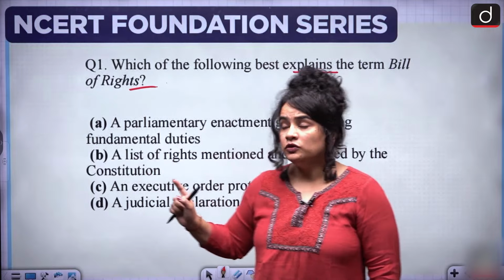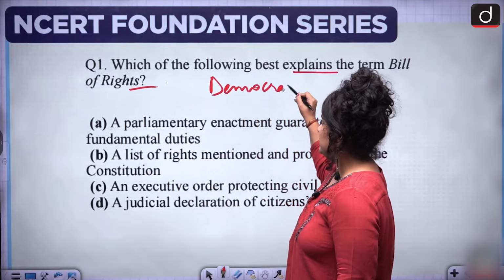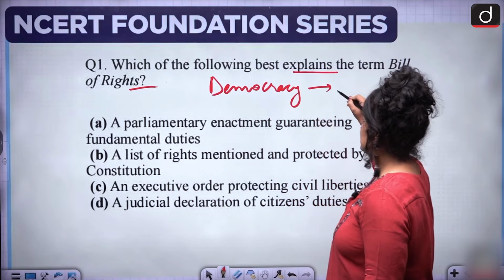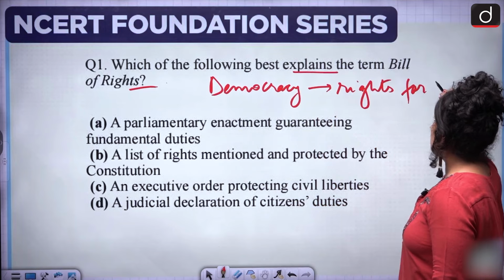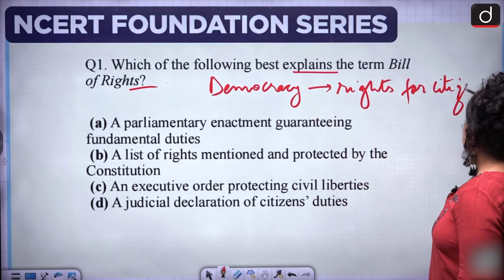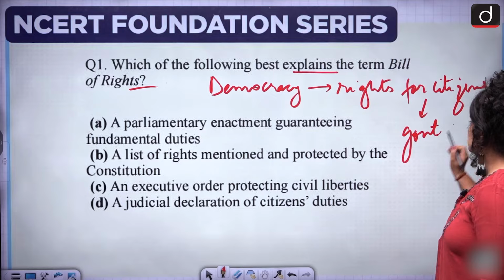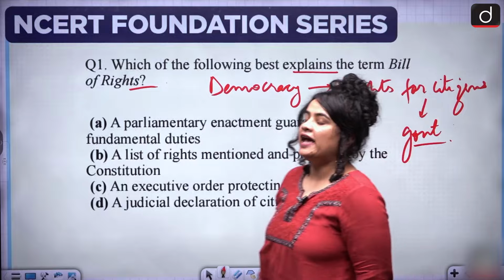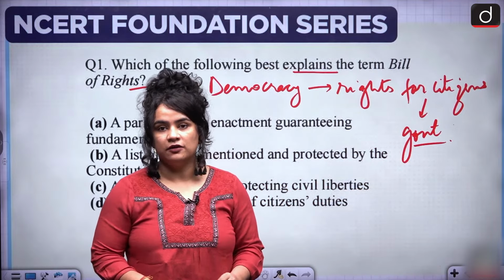So in a democracy, there must be certain rights for citizens, and these rights should also be acknowledged by the government. So it's not sufficient to simply have rights, they should also be accepted and agreed to by the government.